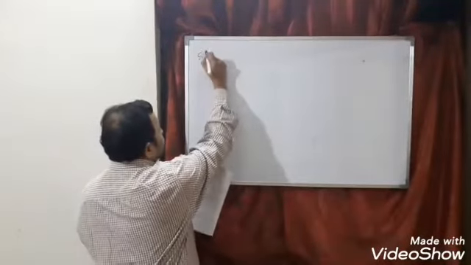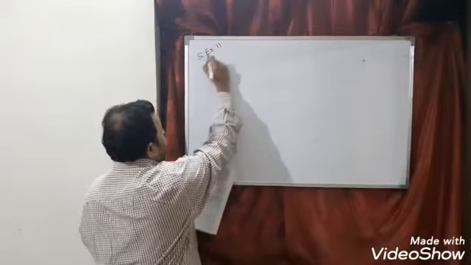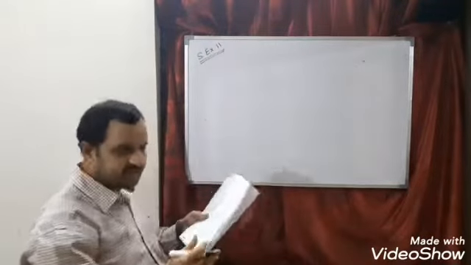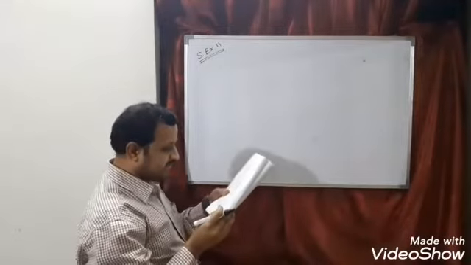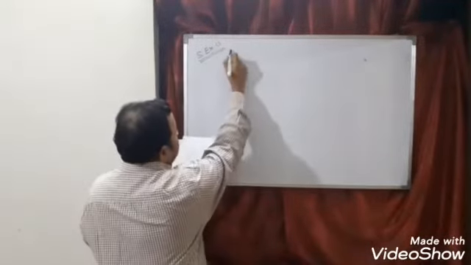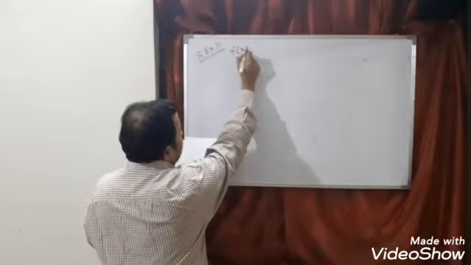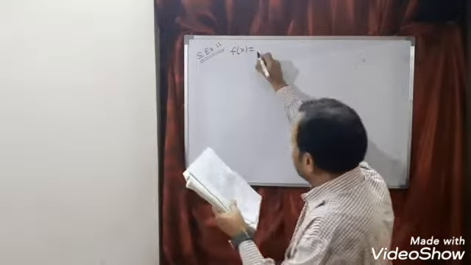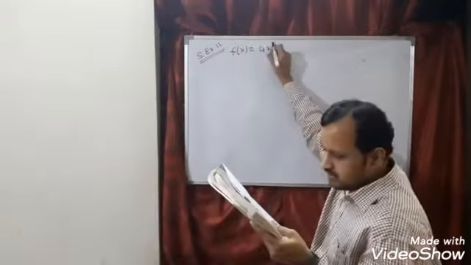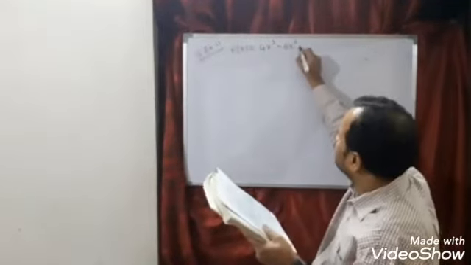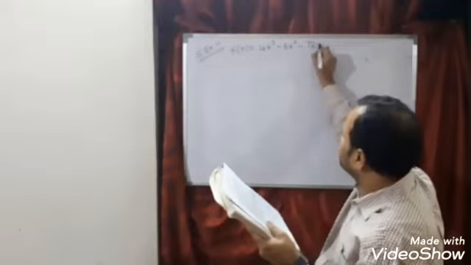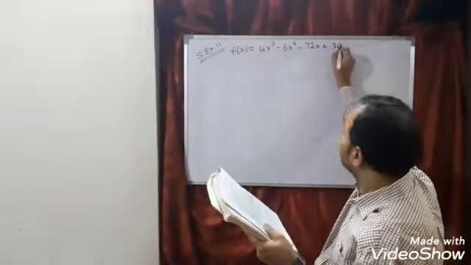This is solved example 11. Question is, find the interval in which the function given by f of x is equal to 4x cube minus 6x square minus 72x plus 30.